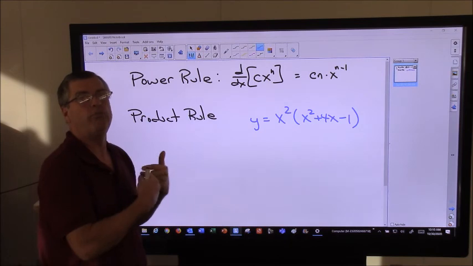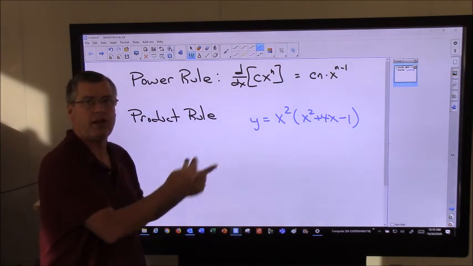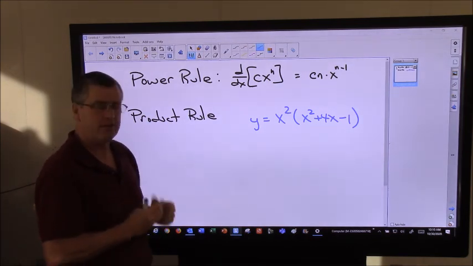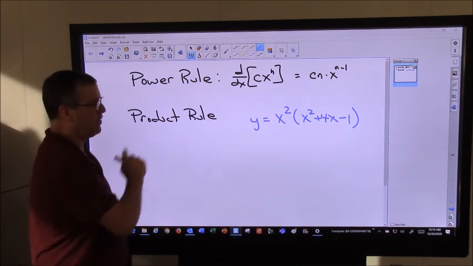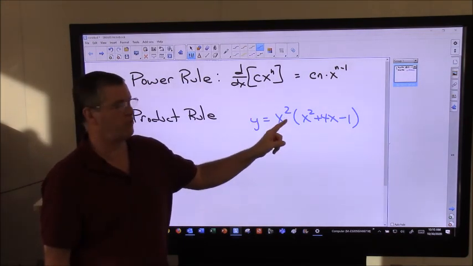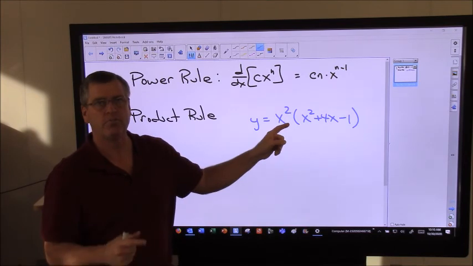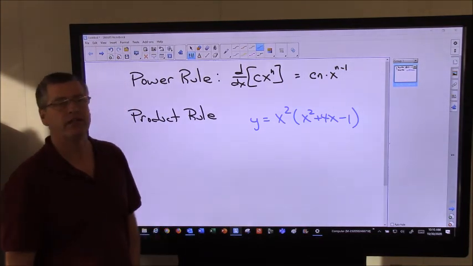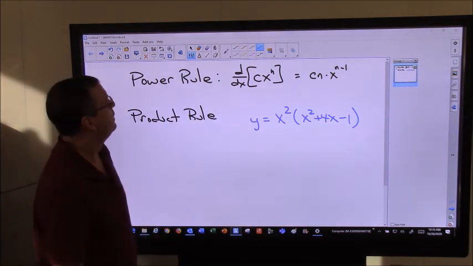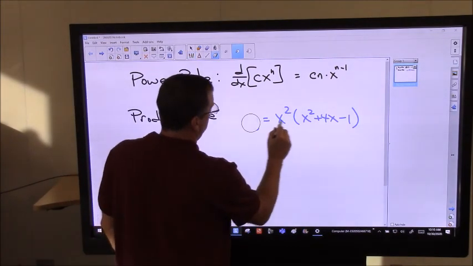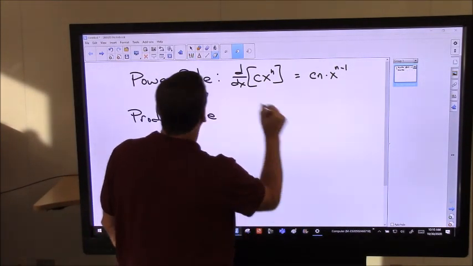And that's what I would normally want to do if the option was there. Today, because we're trying to practice the product rule, we're going to say, don't multiply this thing out. Use the product rule as a way to get the answer. Okay? So, let's figure out what the product rule is.